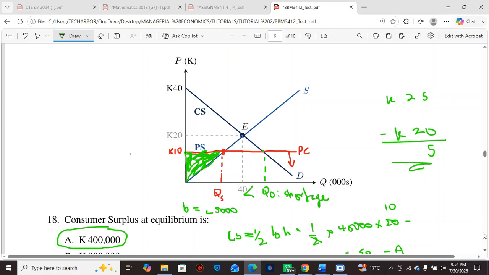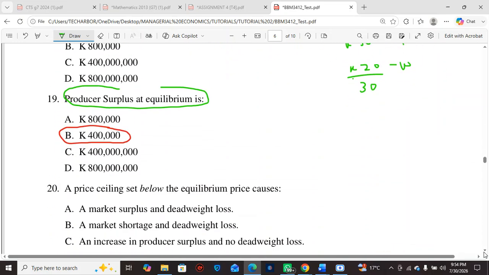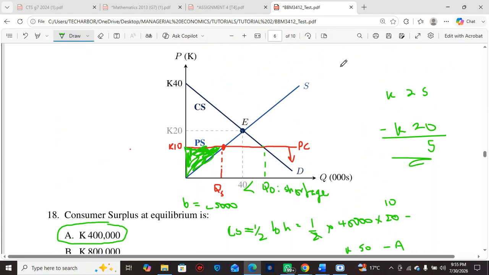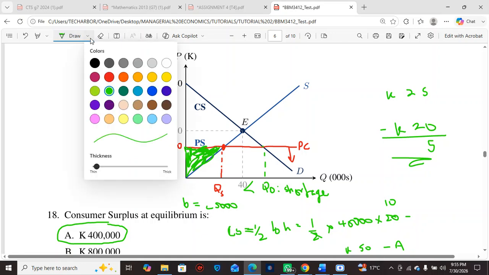So let's see our options here. A price ceiling set below equilibrium price creates a market shortage and deadweight loss. Colleagues, the deadweight loss is here. This is what could have been produced but is not produced.